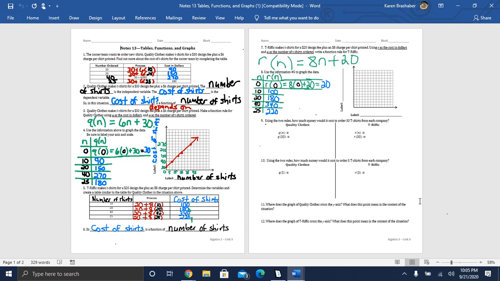So on the graph, we need to identify what your x-axis is. And so just like our previous graph, that would be the number of shirts. And your y-axis is going to be the cost of the shirts. And we'll have to set up our scale.